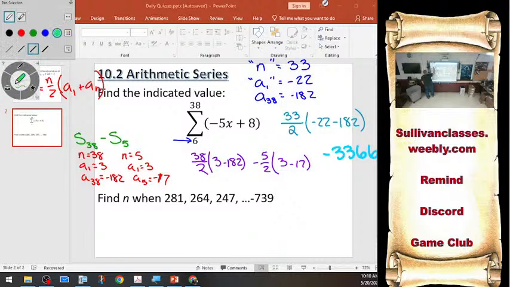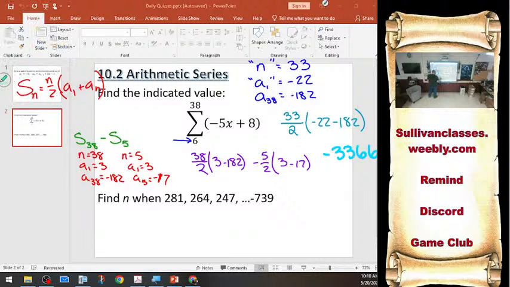If I normally have a sub n is a sub 1 plus n minus 1 times d, the formal definition of this. Well, I know a sub n. I know a sub 1. I don't know n. And I can find d fairly quickly.